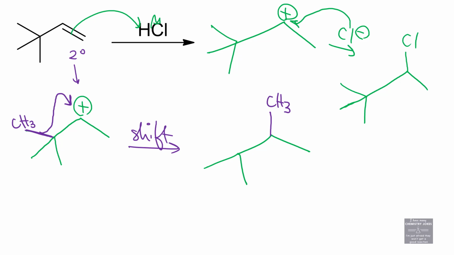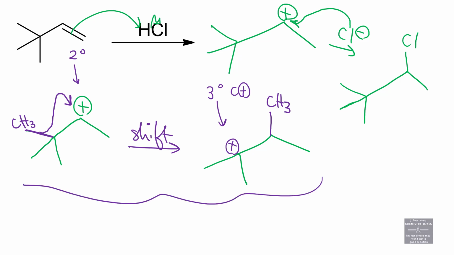Why would that happen? Because where that purple CH3 left, the spot that it vacated, is now a carbocation. What kind of carbocation is that? It's a tertiary carbocation. Tertiary is more stable than secondary. This wacky thing we just did is called a methide shift. It's called an ide because it's the methyl migrating with its electrons.